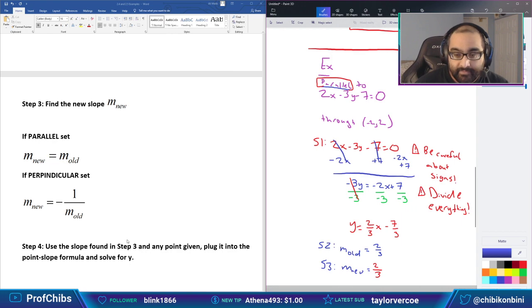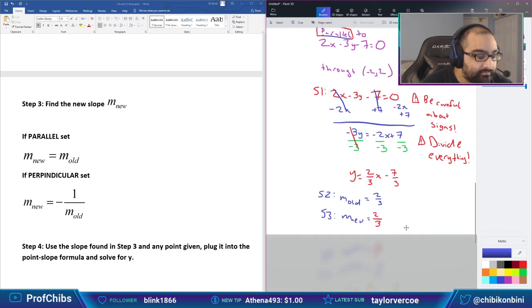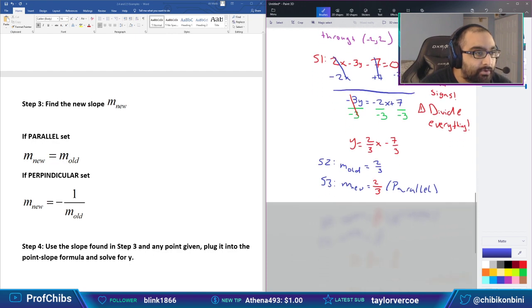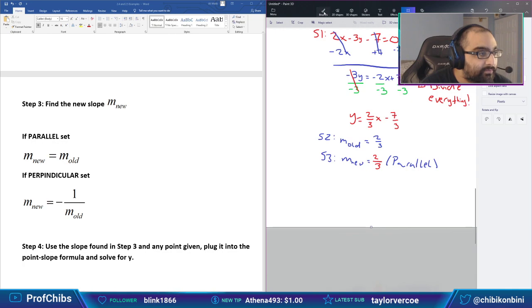It's all good, Khadija. So 2/3 for a parallel case, and for the perpendicular case it would be -3/2. We'll actually do both.